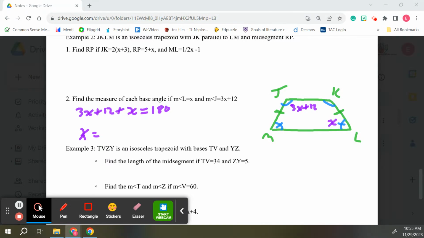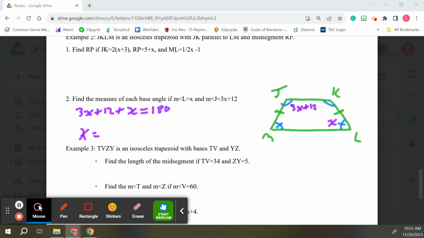Who's got x? Good. You got x is 42. Nice job. Who wants to see it?